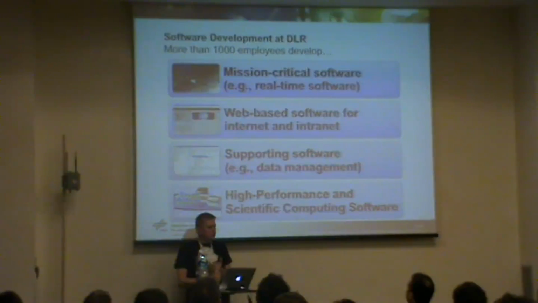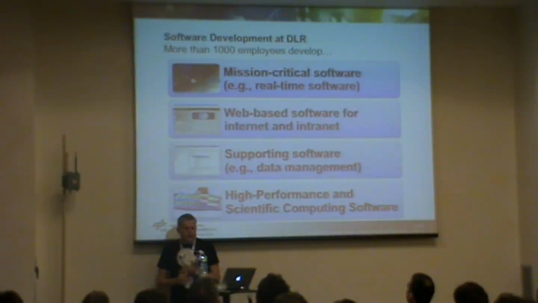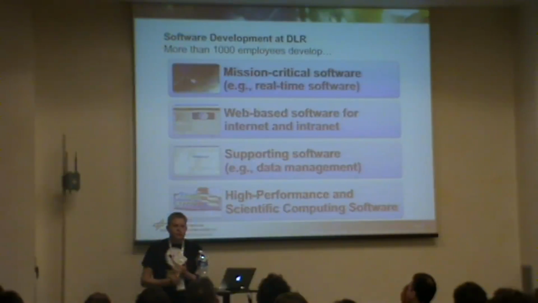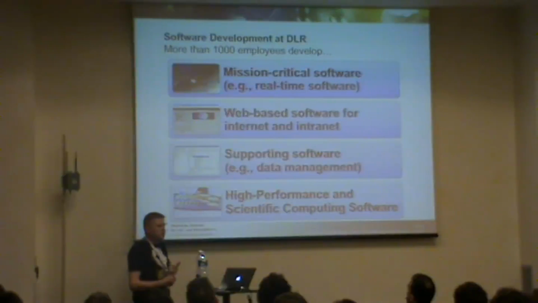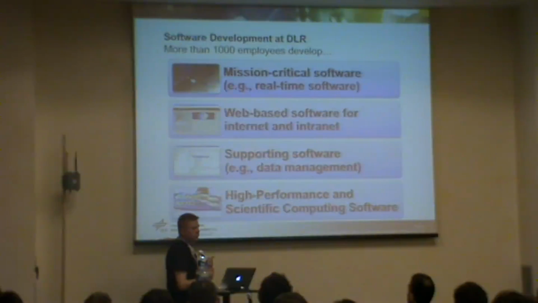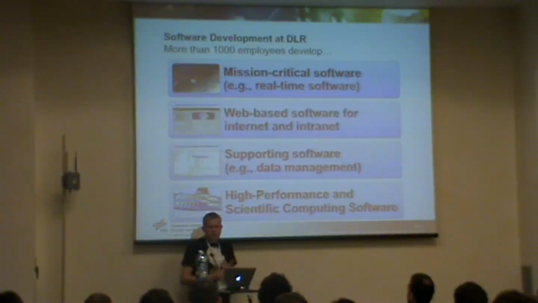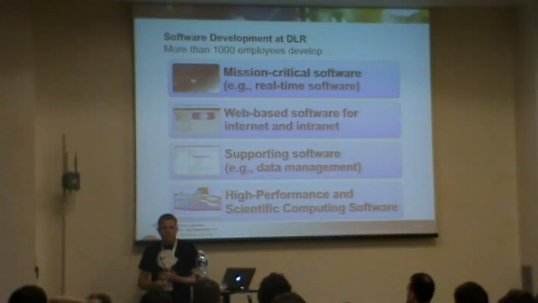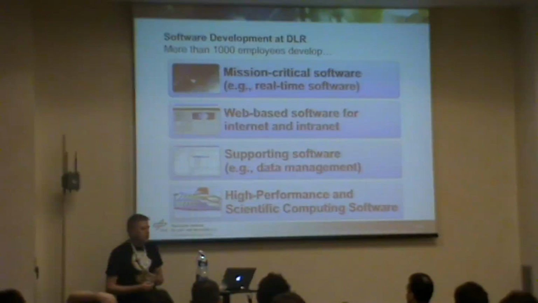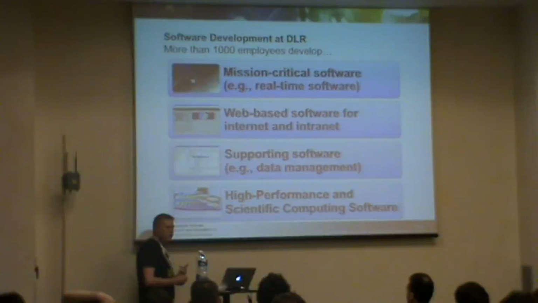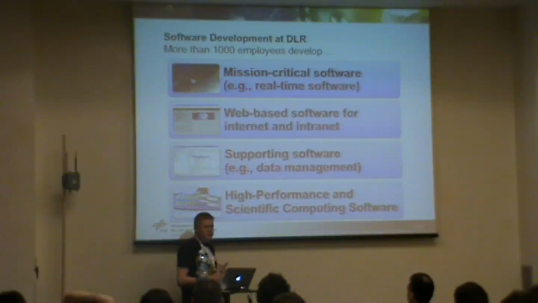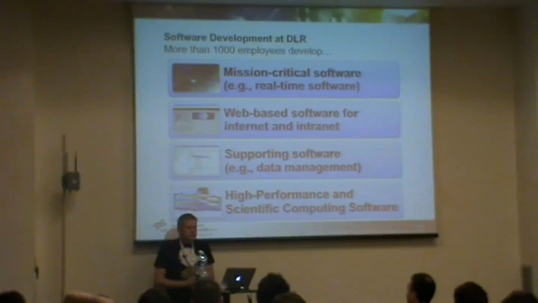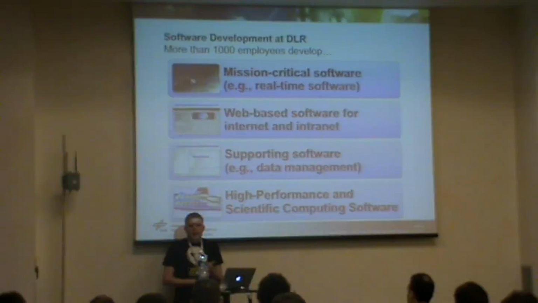What we are doing as a group is, like at DLR itself, we do research in space and aerospace, but we do software development a lot. About 1,000 of our employees are working on software development. Most of them are engineers and scientists who just have to program in some way to do their task. And it's actually the target audience for our Python efforts.